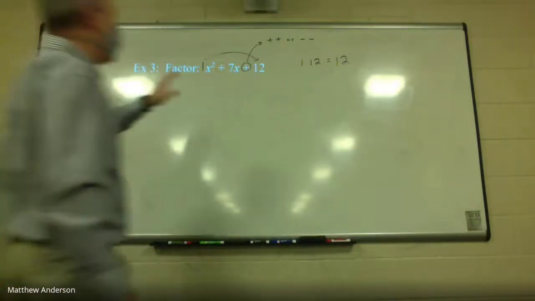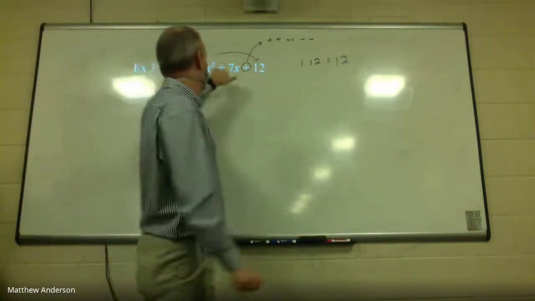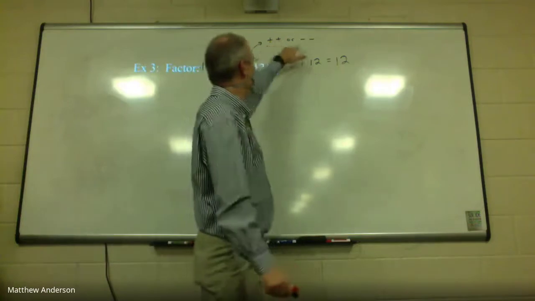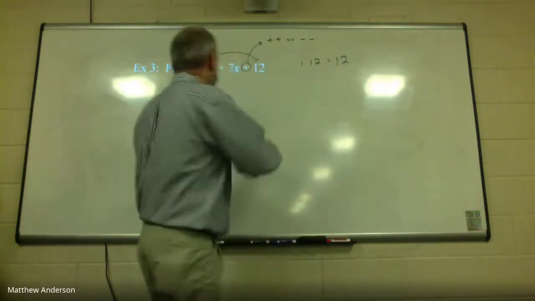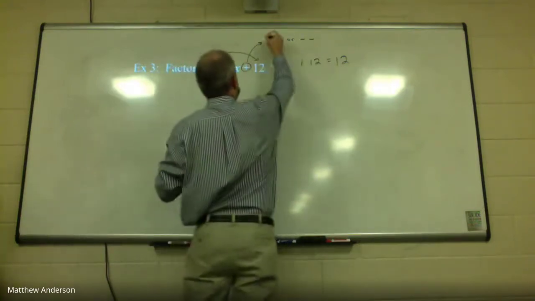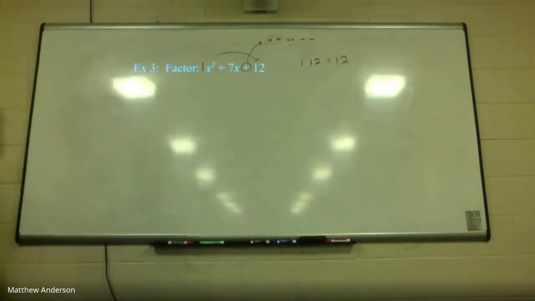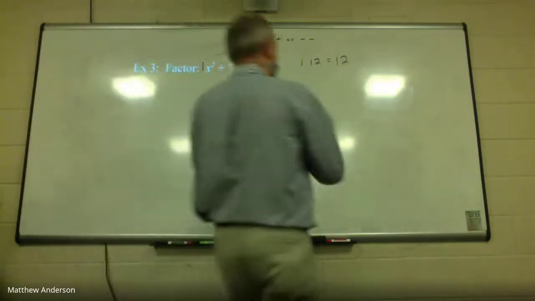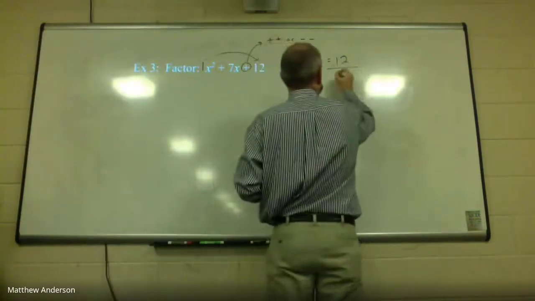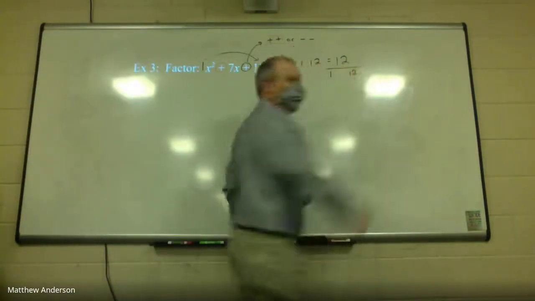So if we're adding these two numbers together and we get a positive and they're either both positive or both negative, this part right here tells us we're looking for two positives, right? Because they have the same sign. We already know that. And they have to add up to be a positive 7. So let's start writing down the factors of 12. Well, we know that 1 times 12 is obviously 12.